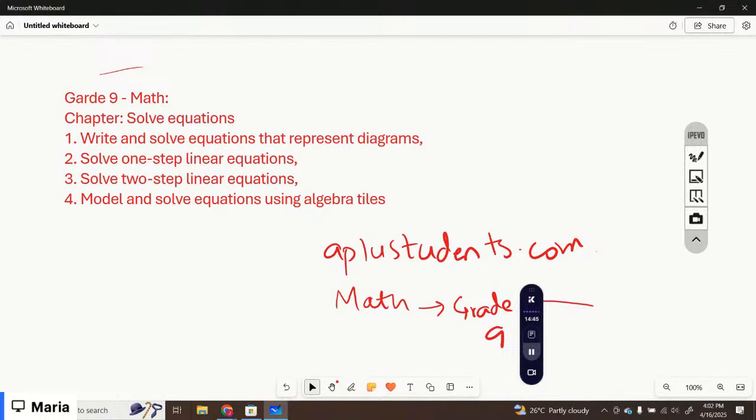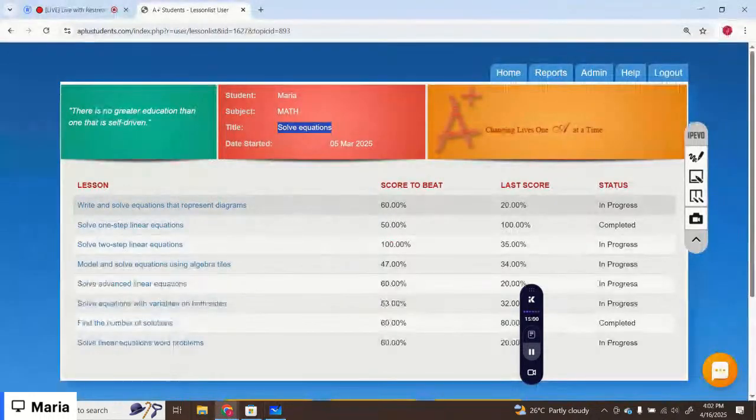Please make sure you have your notebook and pencil so that you can note down the important examples and definitions as well. Here I am on the chapter, we are on write and solve equations. Let's start with the first lesson, that is write and solve equations from diagrams.